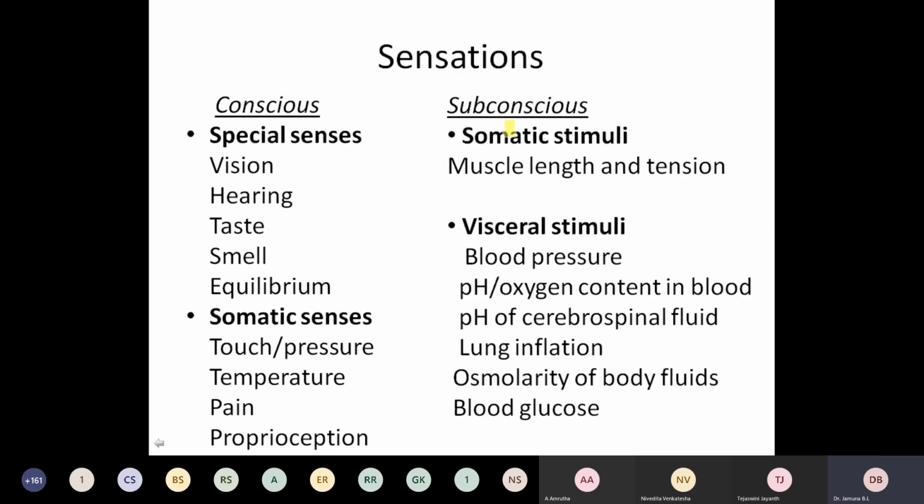In subconscious, there is posture: minute to minute information reaches the central nervous system through the muscle about muscle length and tension, so that you can appropriately position or adjust your posture. And certain visceral stimuli will not come under conscious sensations.